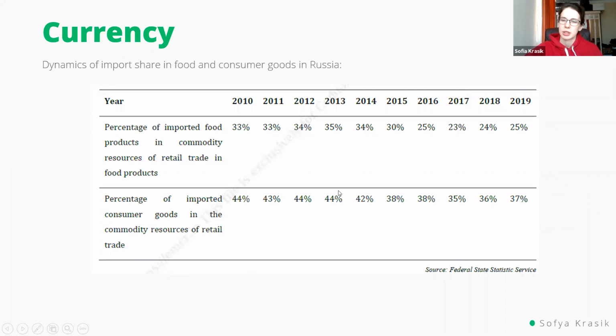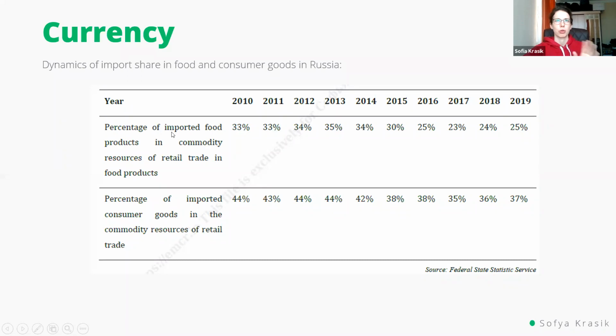Here you can see some statistics of the Russian Federal State Statistics Service, Росстат. Here you can see the latest statistics on what share of our consumer basket is imported, so it probably depends on the foreign exchange rate. On the top you can see the share for food.